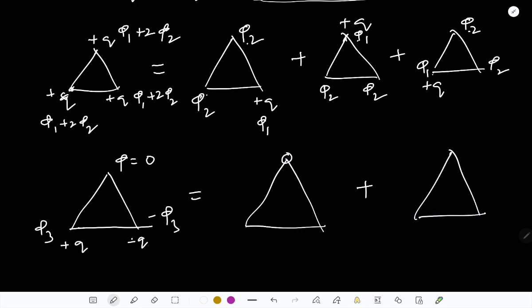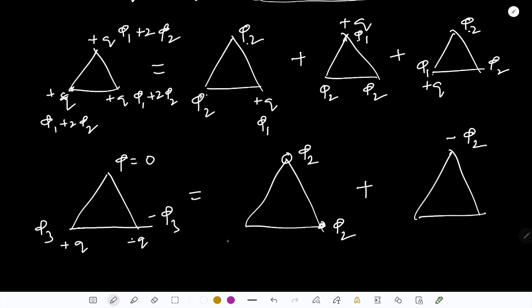Its potential, if this is going to be the sum of these two, then its potential must be phi 2 and its potential must be minus phi 2. If I put a charge, this potential is phi 2, and basically nothing is here, no charge is here.